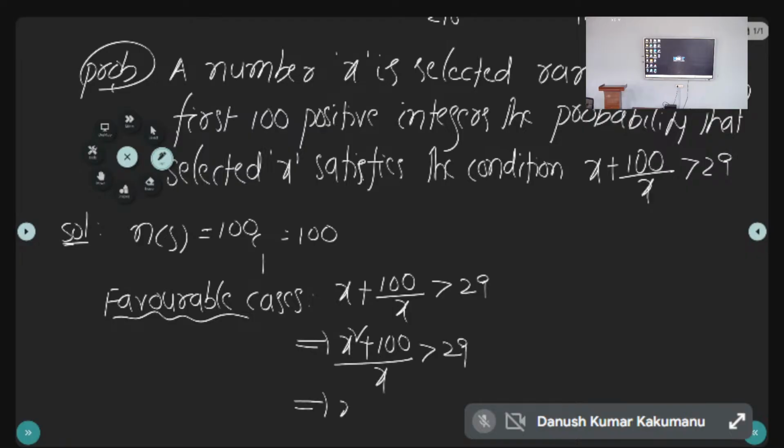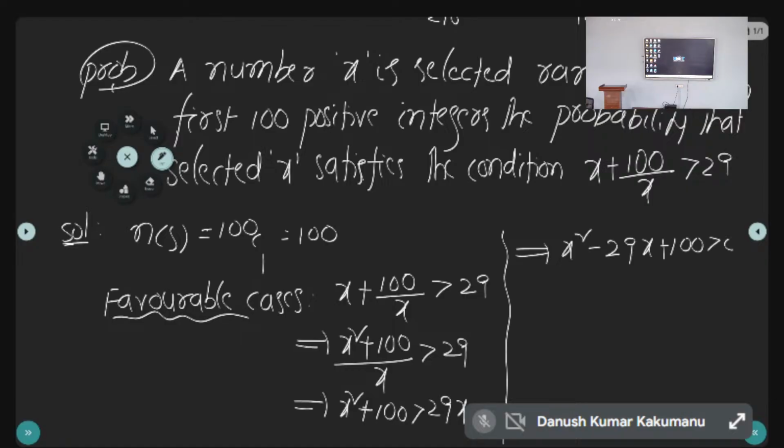That implies x square plus 100 greater than 29x. That implies x square minus 29x plus 100 greater than 0. (x minus 4) into (x minus 25) greater than 0.